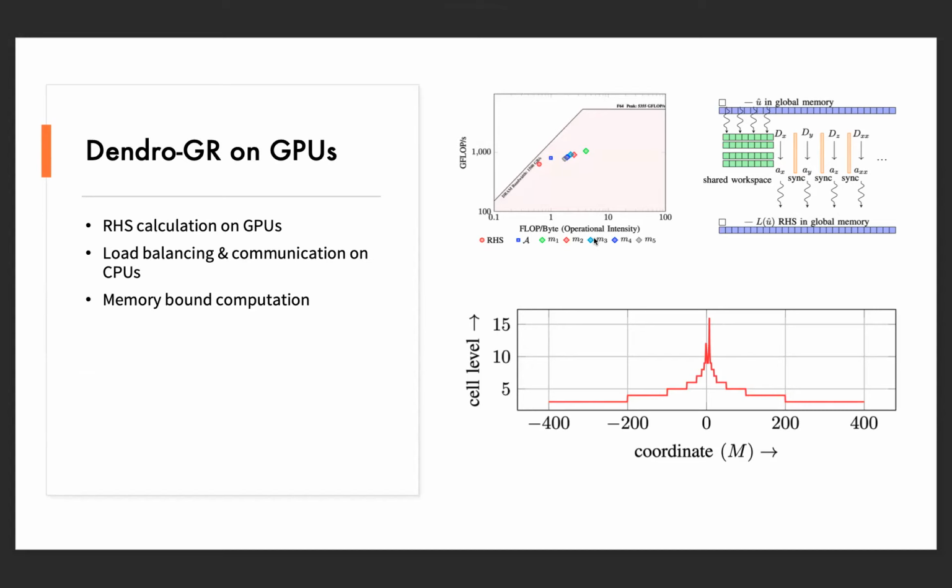Melinda Fernando, who developed this code, did a lot of performance testing along the way. In the upper left plot there, you see the roofline plot for our GPU code. In this case, all of the data exists on the GPU. The CPUs basically handle communication between different nodes, but we're still memory bound.